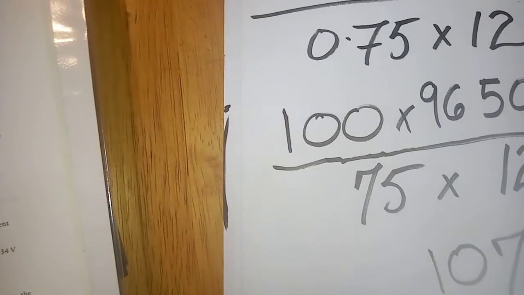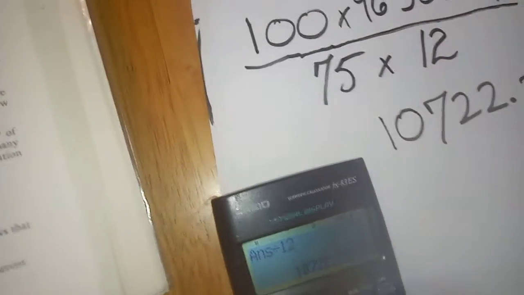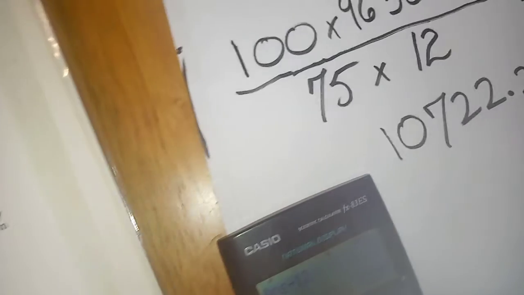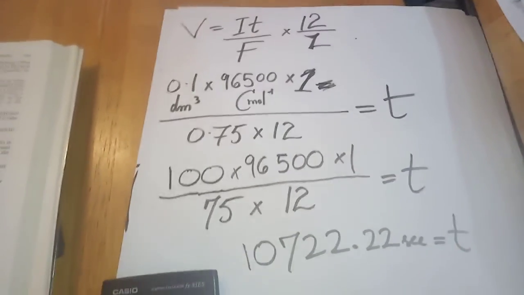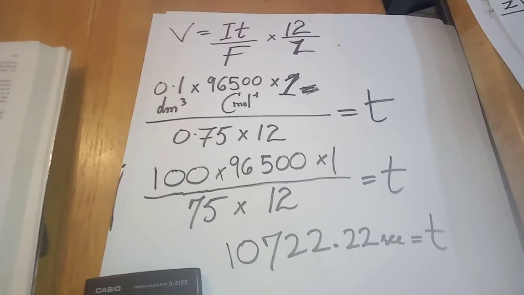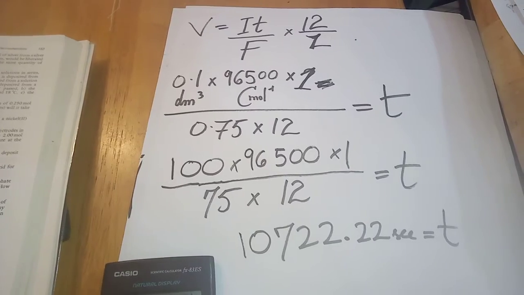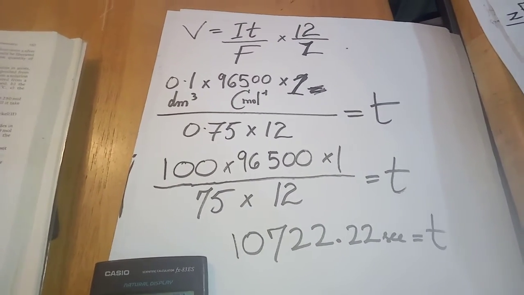Well, now it's like 10 times bigger than 1,050 seconds. Hang on. V equals IC divided by F times 12 over Z seems to be breaking apart here. It doesn't seem to be working very well. It's giving answers that are slight orders of magnitude larger than what's mentioned in the book.